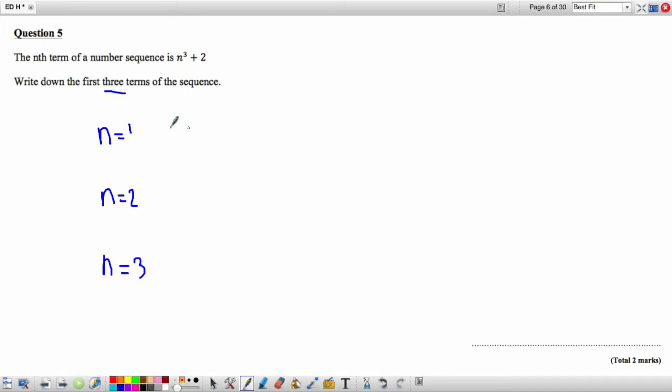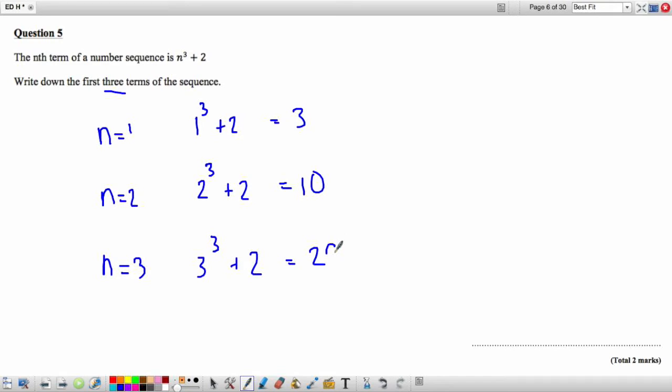Substituting in n is equal to 1, 1 to the power 3 plus 2 gives us 3. 2 cubed, 2 to the power 3 plus 2 gives us 10, and 3 to the power 3, 27, plus 2 is 29. Therefore, the first 3 terms are 3, 10, and 29.